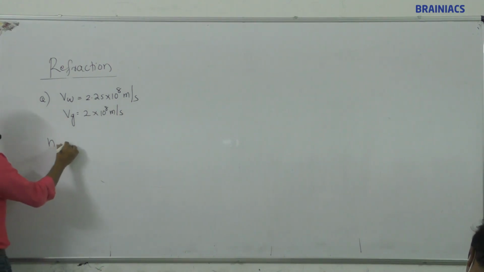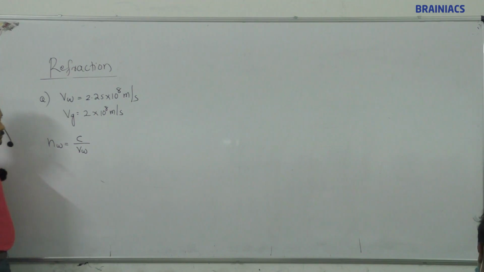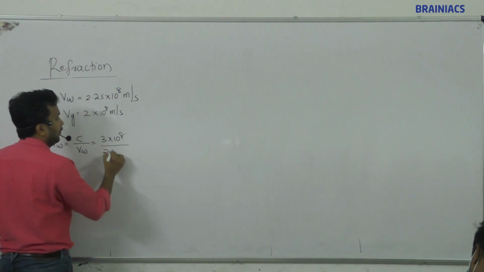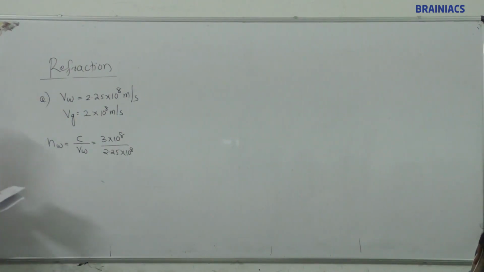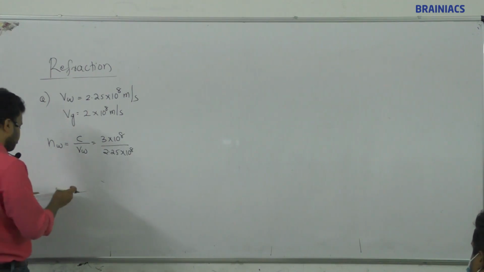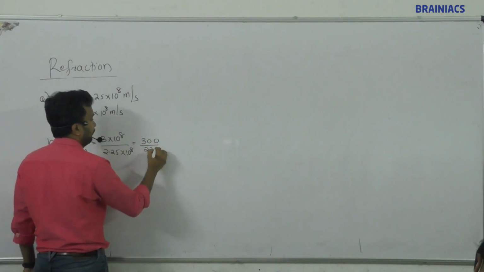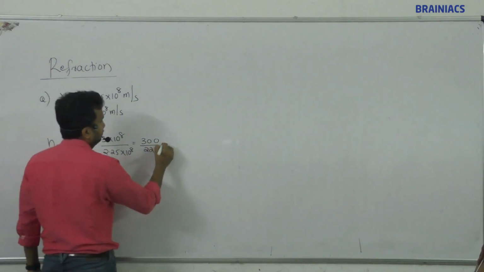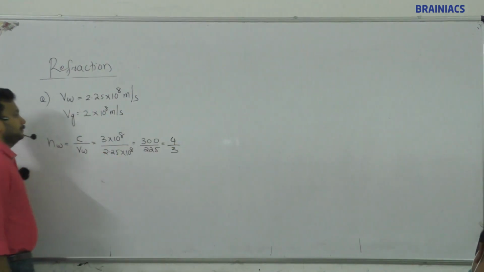So refractive index of water is equal to C by velocity in water, so 3 into 10 power 8 meter per second divided by 2.25 into 10 power 8 meter per second. So 300 divided by 225. You can simplify: 4 by 3, 1.33.